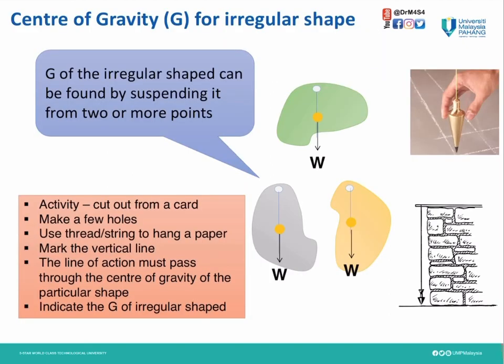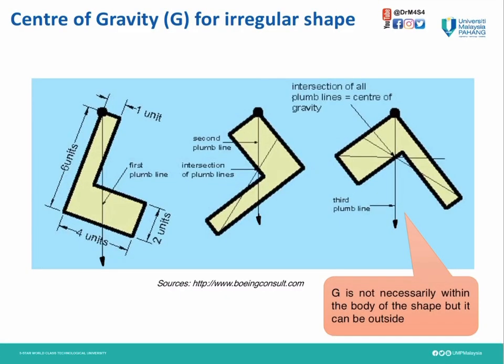For the irregular shape, as you can see in here, here is some exercise for you to do by yourself. You need to use string, or you can use the plumb line. This is the plumb line to identify the vertical line. Next, here is the exercise for you to try as well.